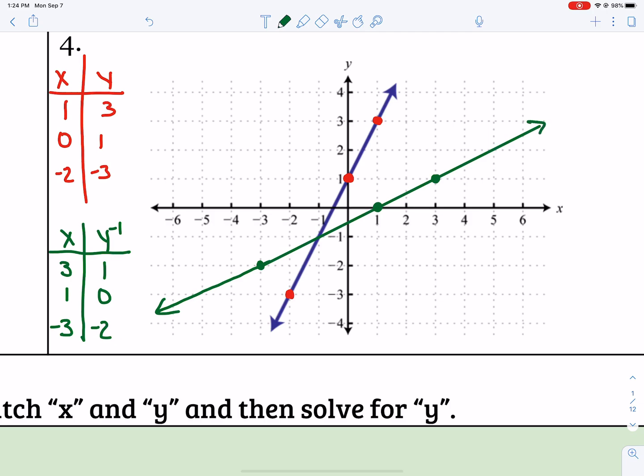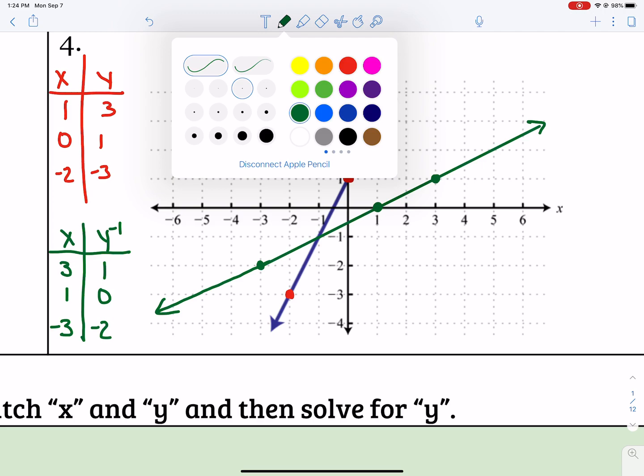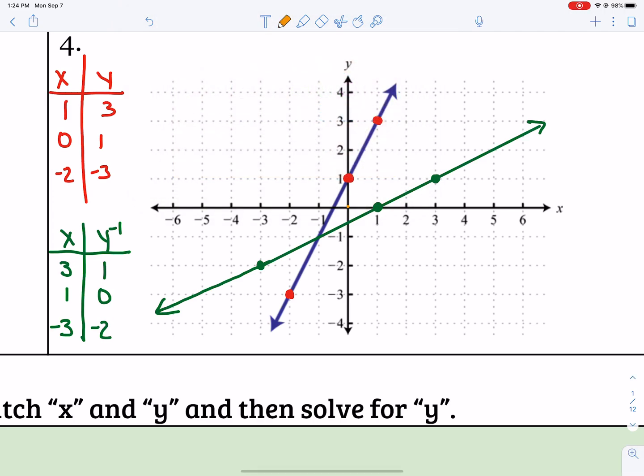All right. So what you should notice with a graph is that they reflect over the line y equals x. So I'm going to grab a different color and I'm going to plot the line y equals x, which has a y-intercept at 0 and it has a slope of 1.